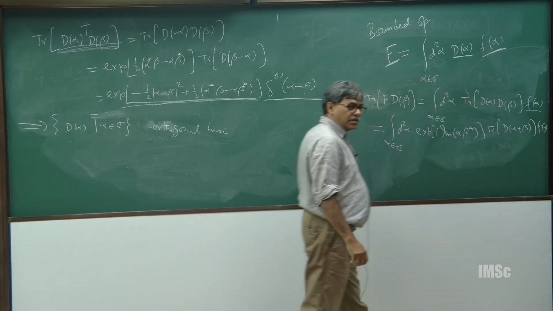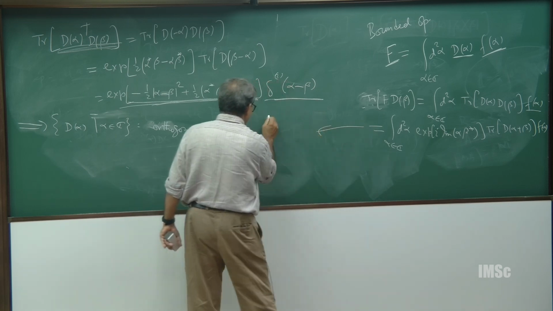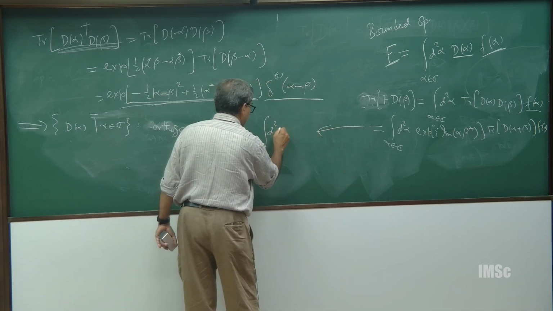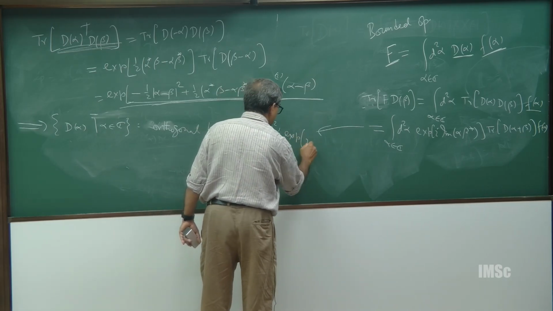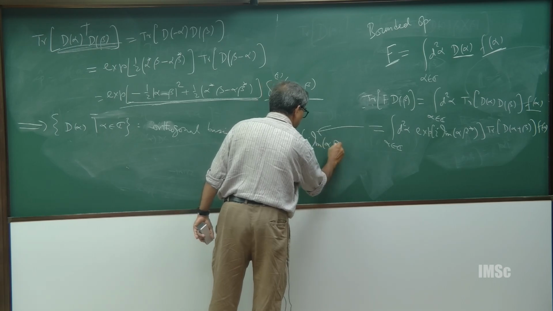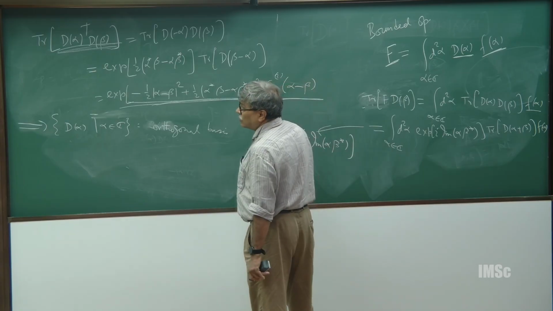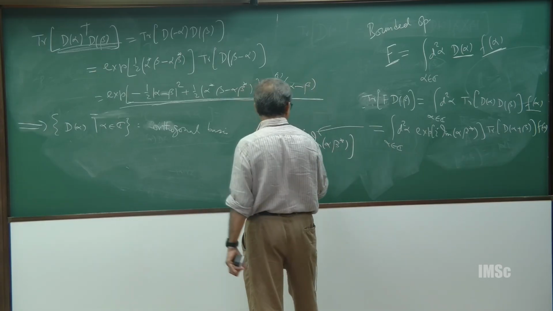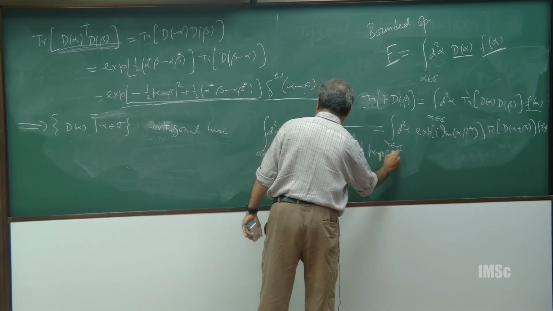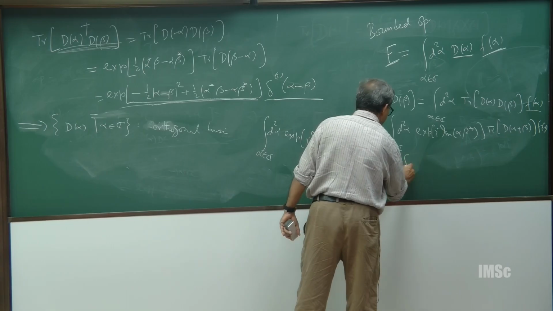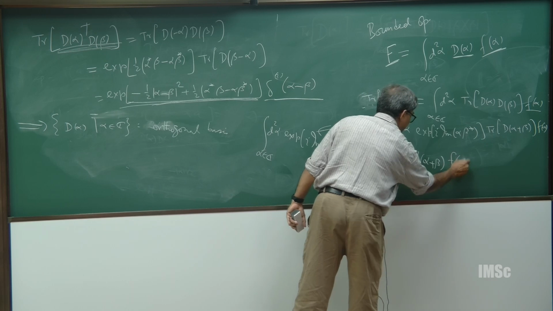And what is this trace? Minus half alpha plus beta mod square, then delta 2 of alpha plus beta, then f of alpha.